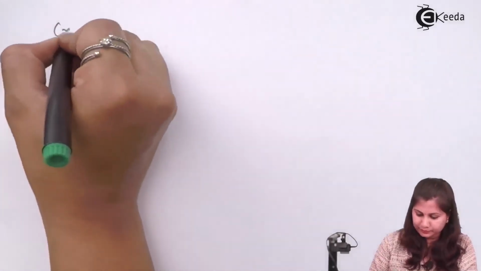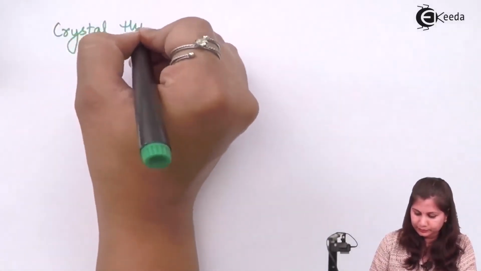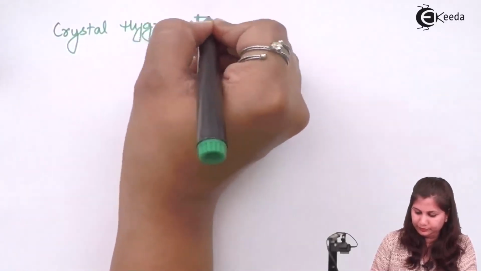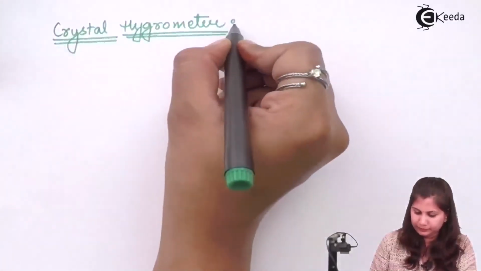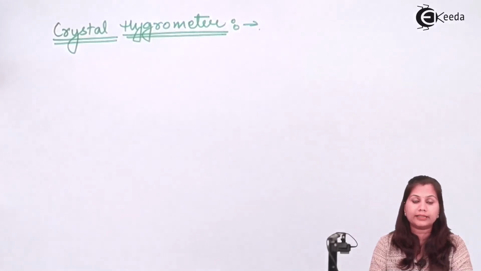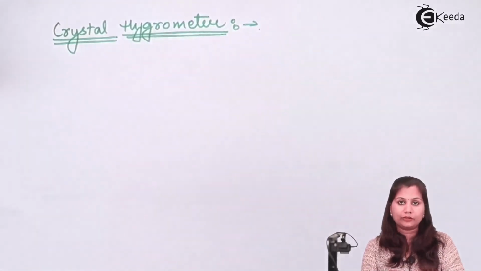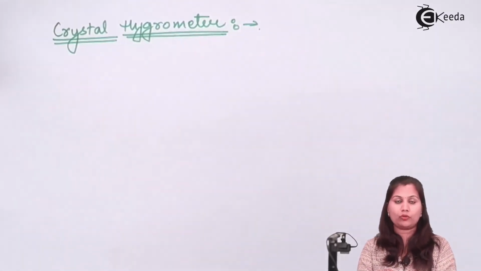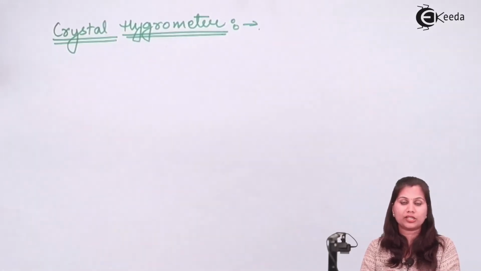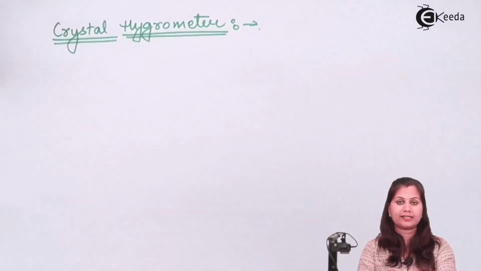Now the next type of hygrometer is the crystal hygrometer. In the earlier hygrometers, we used hygroscopic salts which exhibit changes in dielectric constant, capacitance and resistance with changes in humidity.